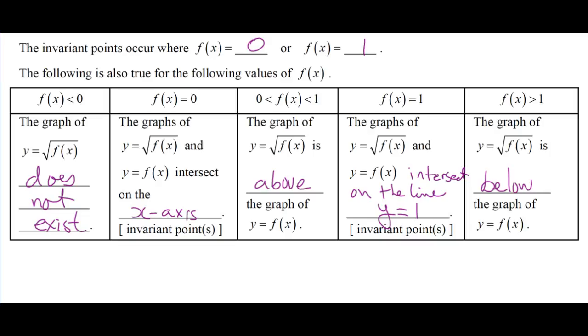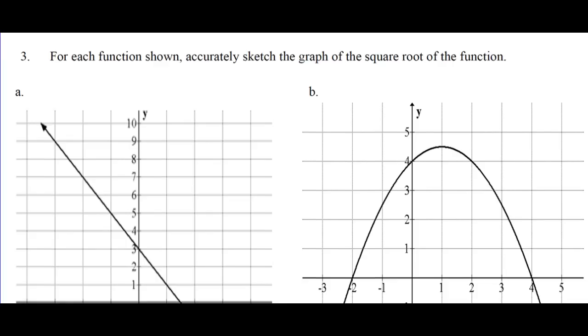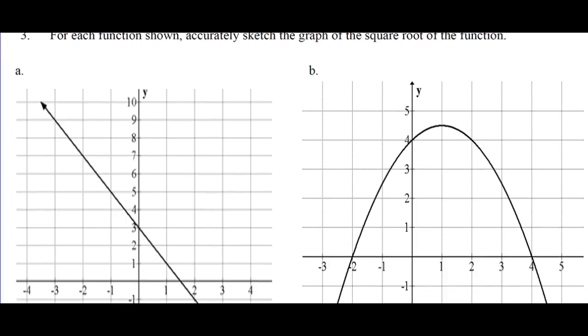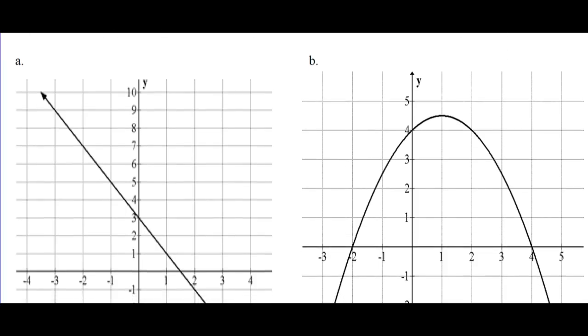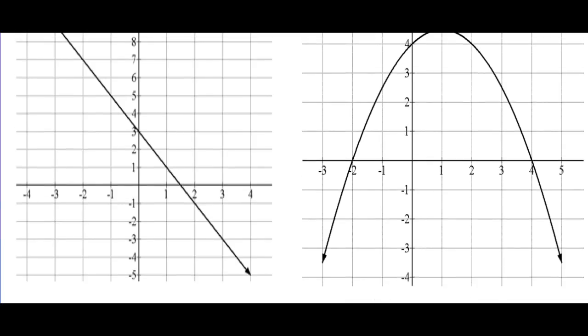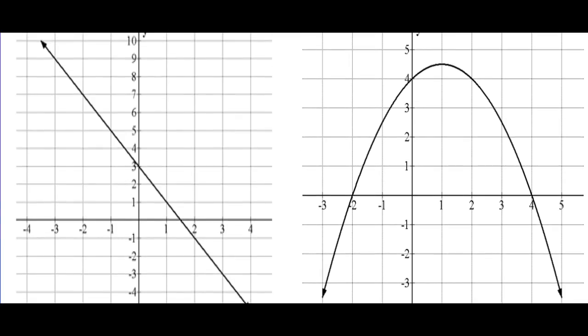So we want to basically put all these together and sketch out some graphs. For each function shown, accurately sketch the graph of the square root function. All right, so what are we going to do first? We're going to trace along the line. Which line? y equals 0, or the x-axis, right?